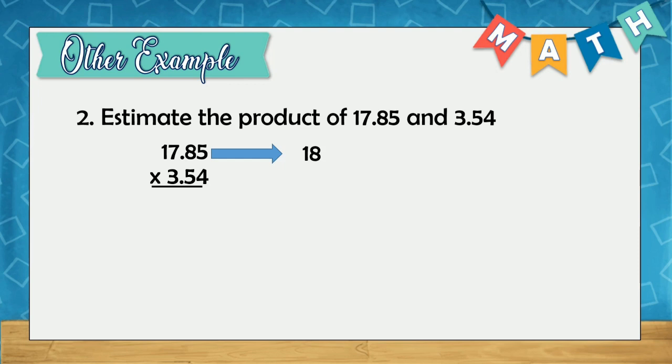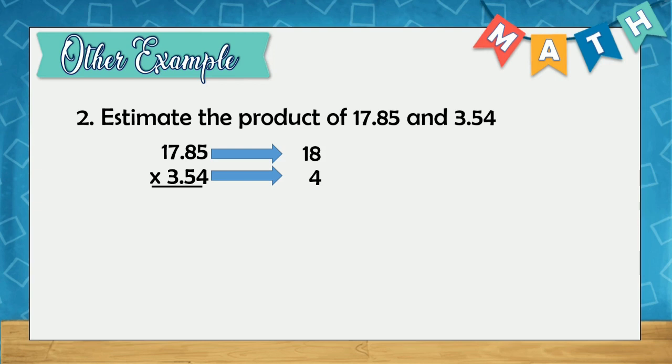Alright, 17 and 85 hundredths is already closer to 18. How about 3 and 54 hundredths? Is this number closer to 3 or closer to 4? Very good. 3 and 54 hundredths is closer to 4.